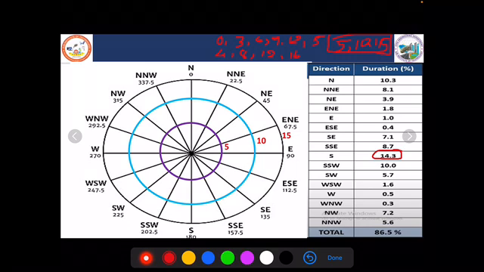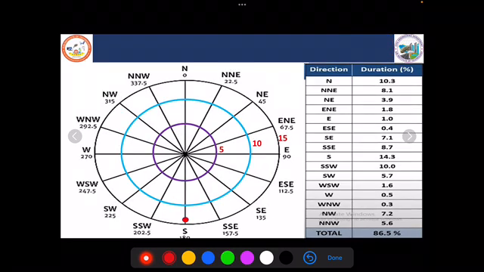The next step is to mark these durations on the Windrose diagram. How to mark? Take each and every direction. First I have the north direction. In the north direction, the percentage of wind coverage is 10.3. You can see here, this is the line for 10%; 10.3, between 10 and 15, is where the wind coverage will be.